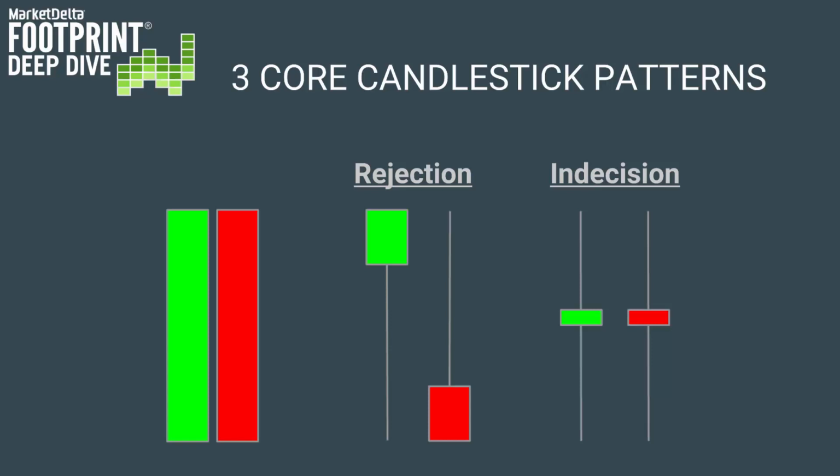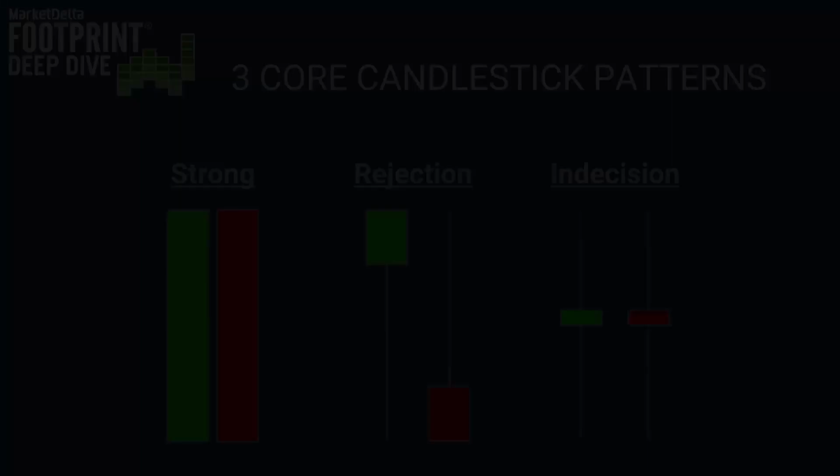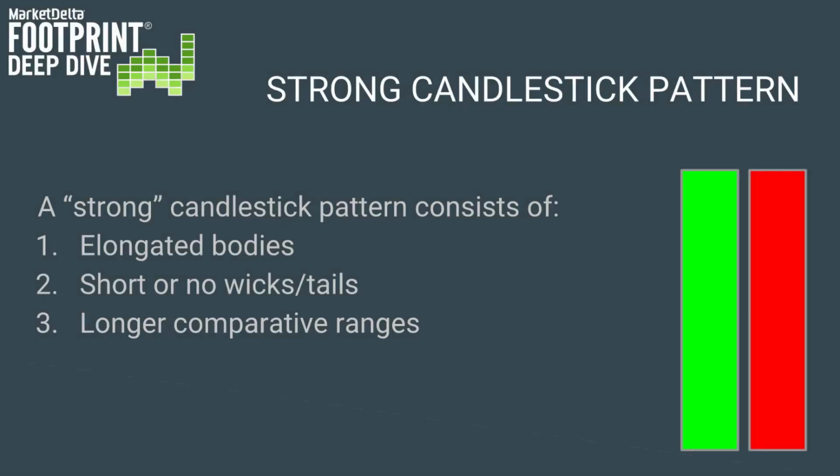And I think if you've ever had a hard time connecting to candles or even bar patterns, you're going to find that seeing the footprint as it relates to these candlestick patterns will make much more sense to you, hopefully. All right, now there it is, strong. So let's jump right into the first example, which will be our strong candlestick pattern.